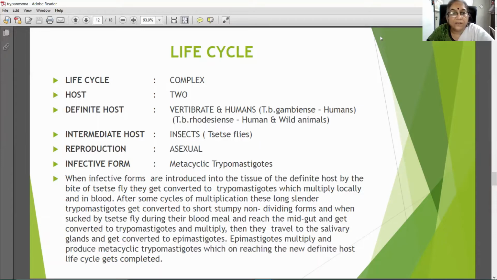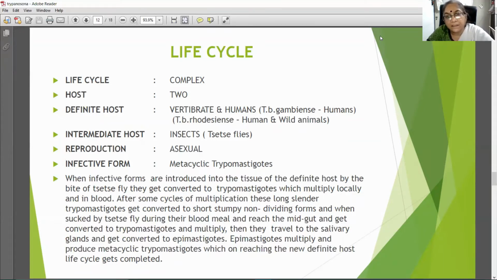When they reach the blood or the tissue, they get converted to trypomastigote forms and start multiplying.